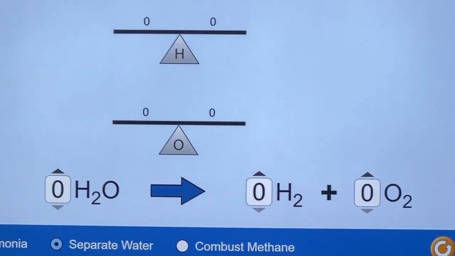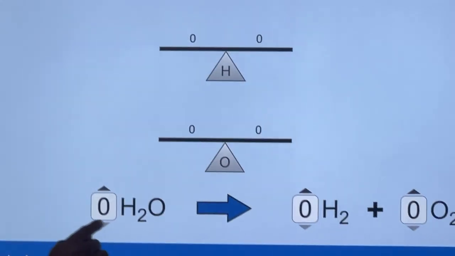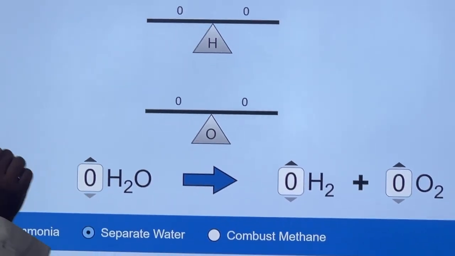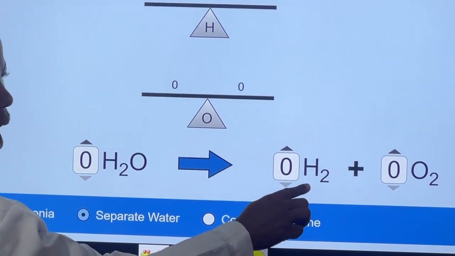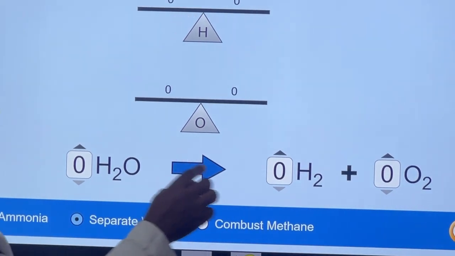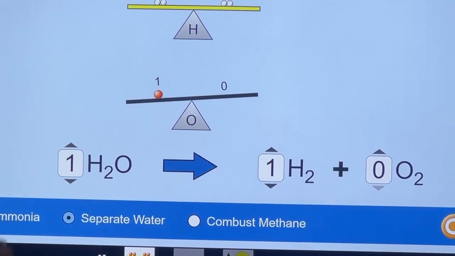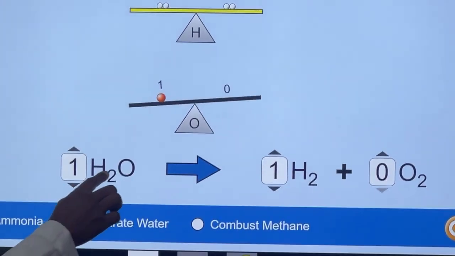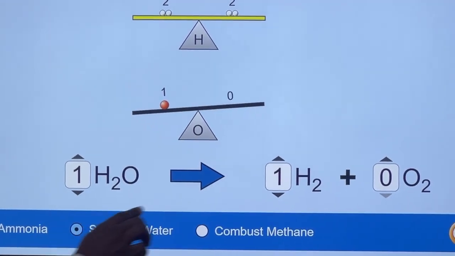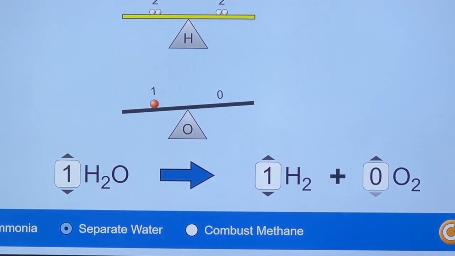Now let's count together. How many hydrogen can you see here? 2. That's good. Now you come here. How many hydrogen can we see here? 2. Very good. So we increase the coefficient, we increase the coefficient 1, showing that your hydrogen is 2, and here as well, the atoms of hydrogen is 2.